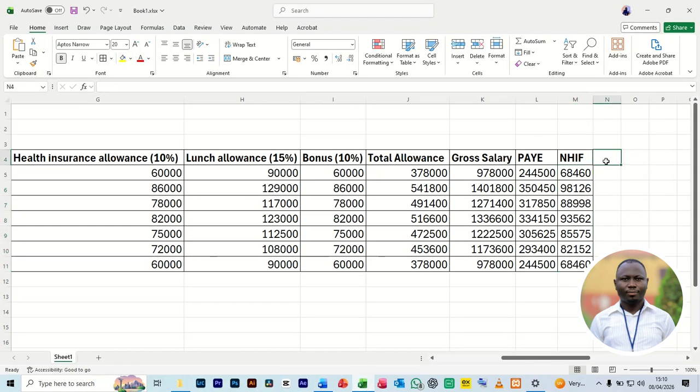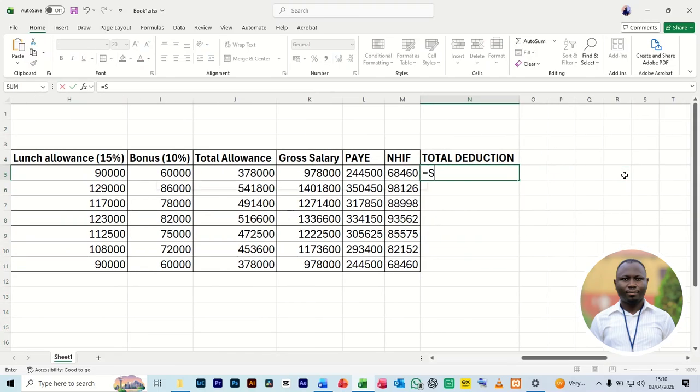So we're going to say total deduction. Then we are going to get the sum of the two, equal sign sum open brackets.